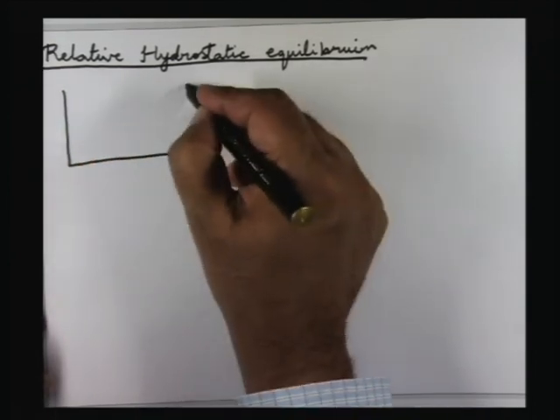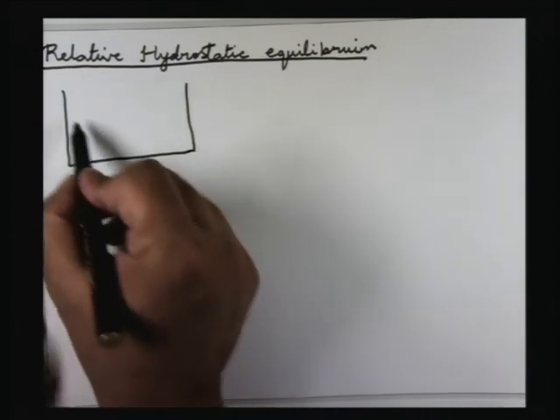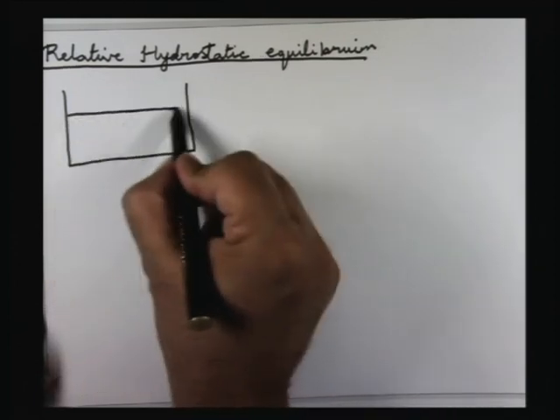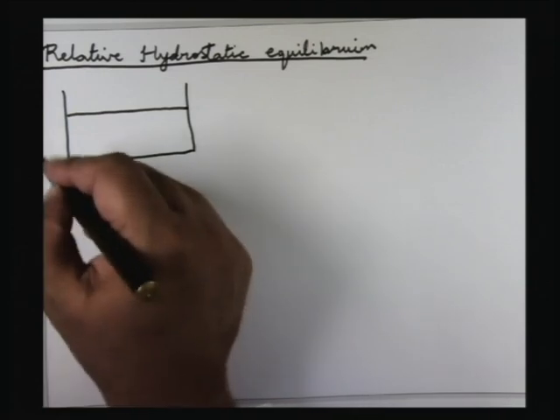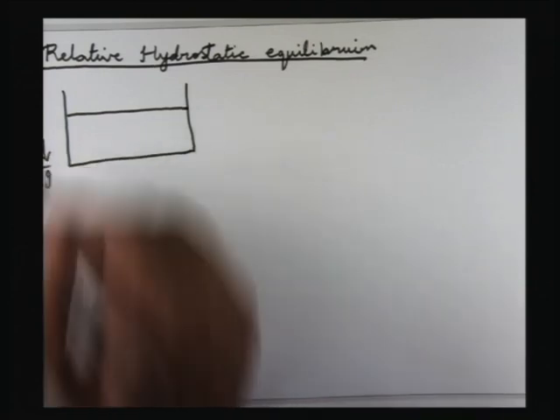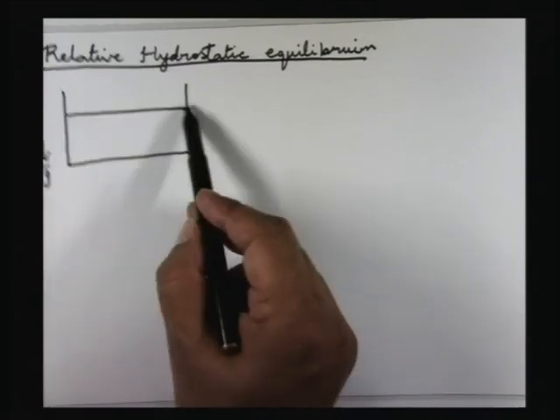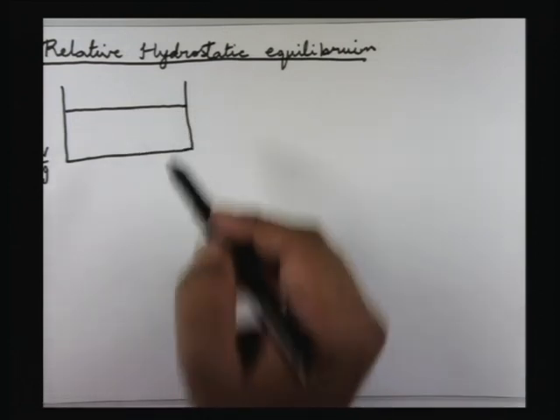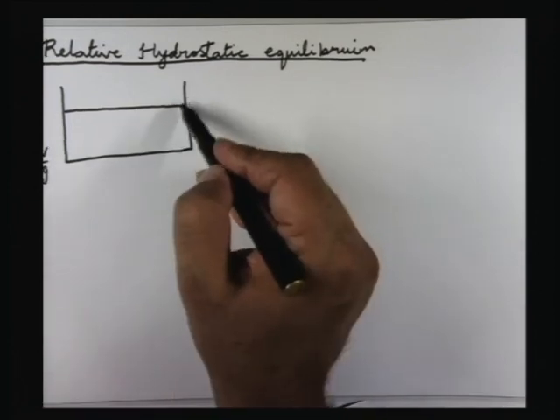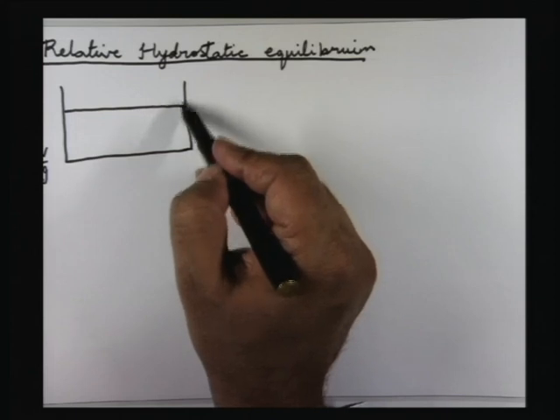Let us say I have a rectangular container and you have water up to this level. So this is the direction of gravity. You know that if it is at rest, this surface will be horizontal. Of course, there may be some surface tension effects which we are not looking at over here. So there will be an angle of contact over here.